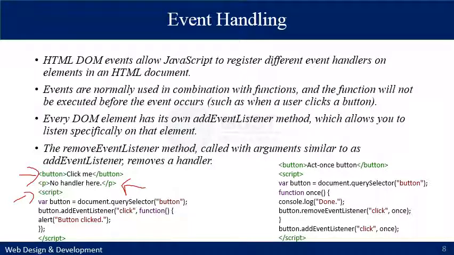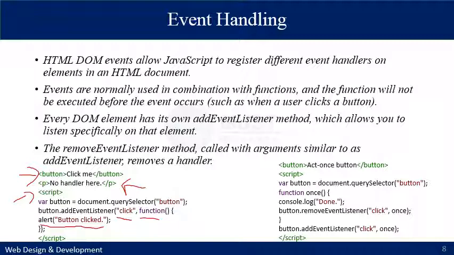So button.addEventListener('click'), we added the click event listener, and we provided a function so that whenever the button is clicked, the button click message will be displayed in an alert box. Now remember, if there is more than one button, this event listener will be added to all the buttons placed in the HTML document.